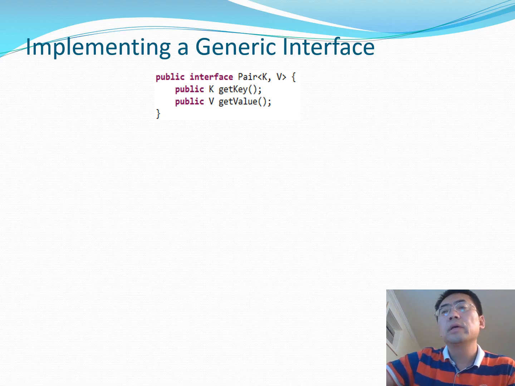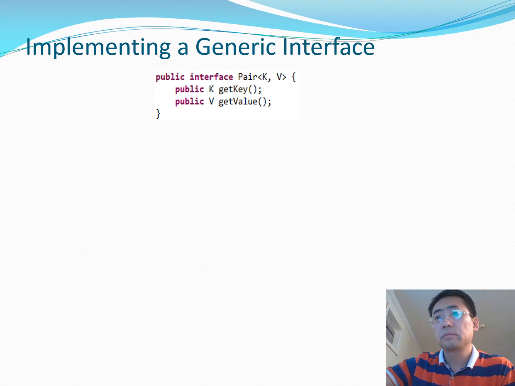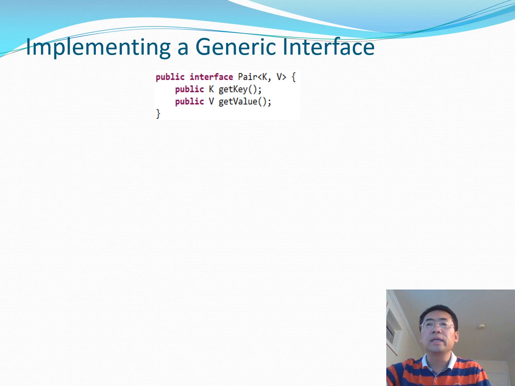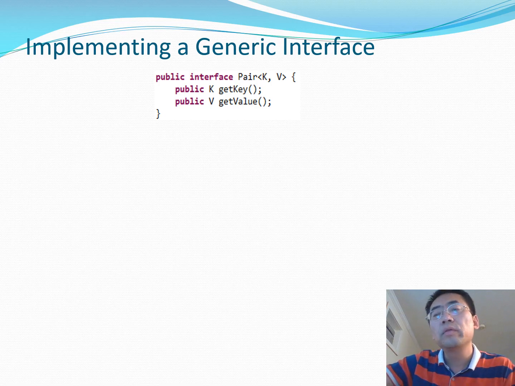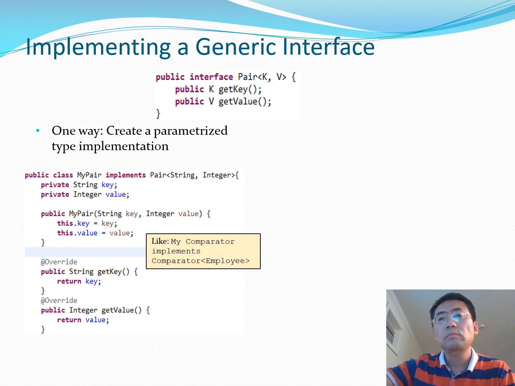How to implement a generic interface? So imagine we have declared an interface called Pair with type variables K and V, and we have two abstract methods, getKey that returns a type K and getValue that returns a type V. When you implement it, we actually have two options. The first one, we create a parameterized type, or parameterized class, that implements this interface.